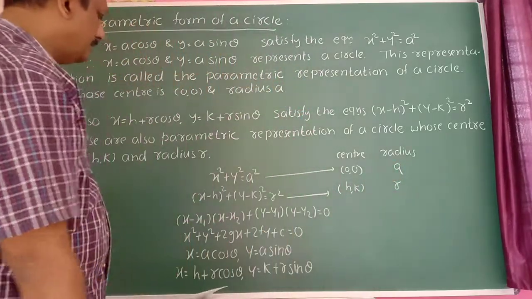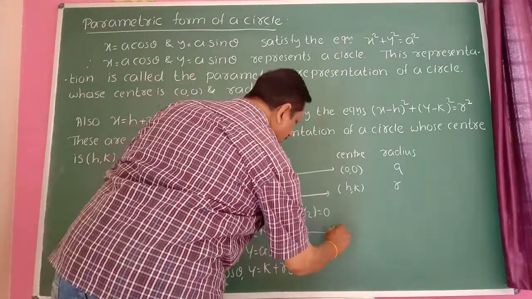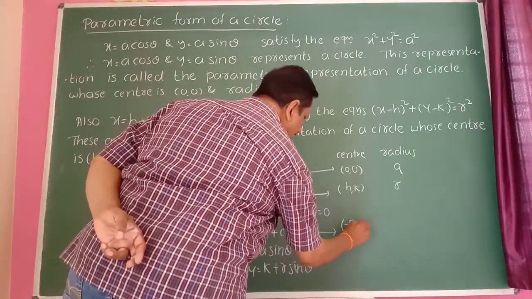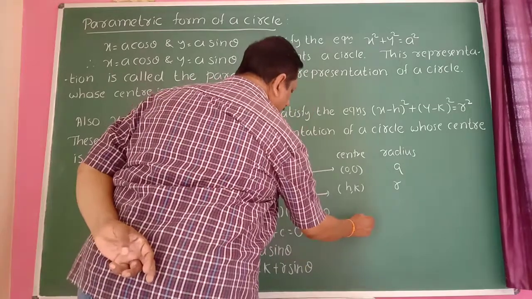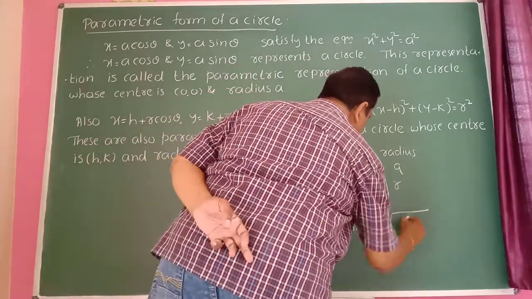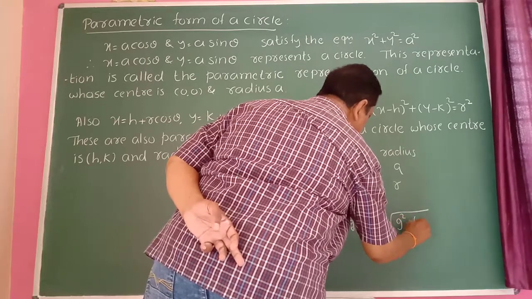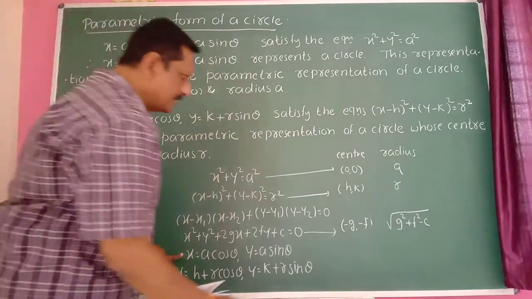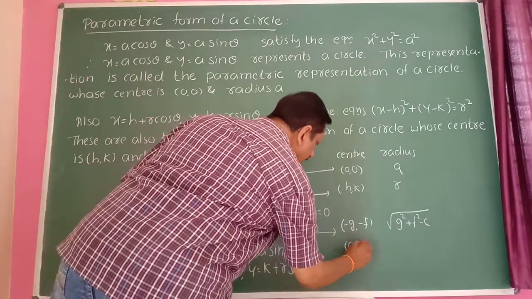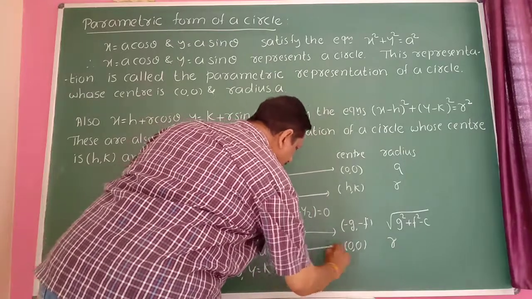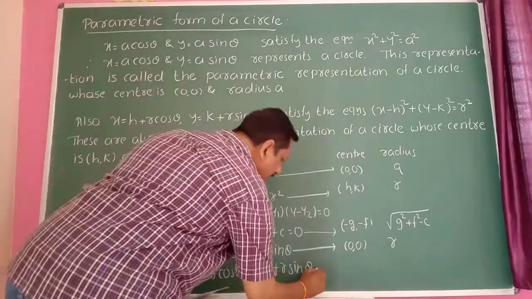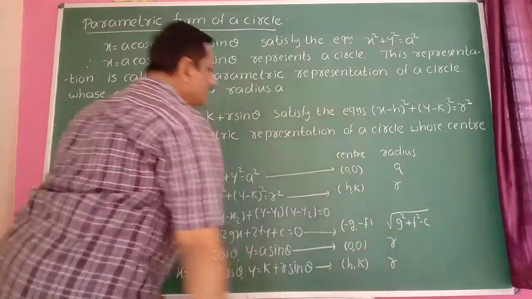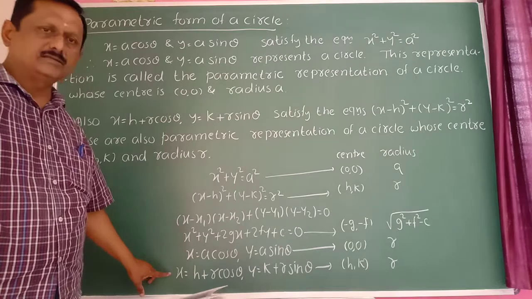For the circle x square plus y square plus 2gx plus 2fy plus c equals 0, the center is (-g, -f) and the radius is root of g square plus f square minus c. For the parametric circle x equals a cos theta, the center is the origin and the radius is a. And for the last circle, the center is (h, k) and the radius is r. These are all equations of circles.